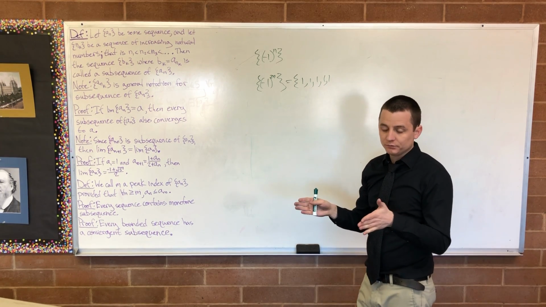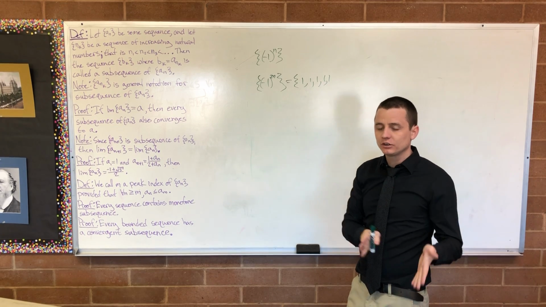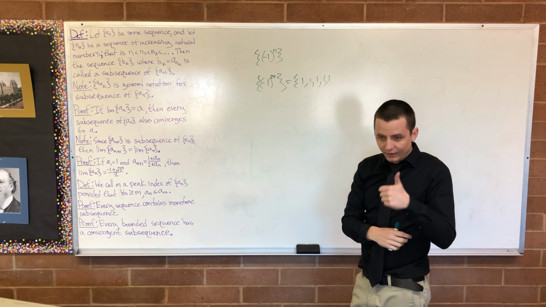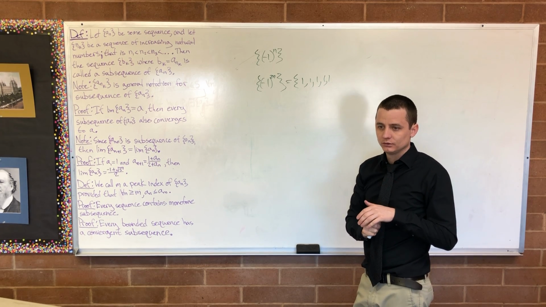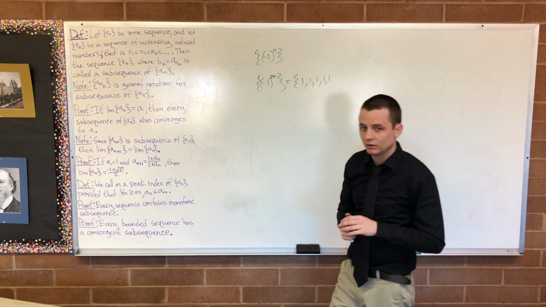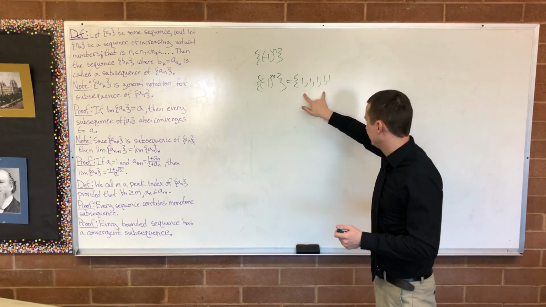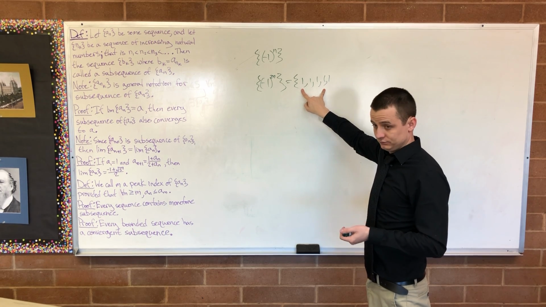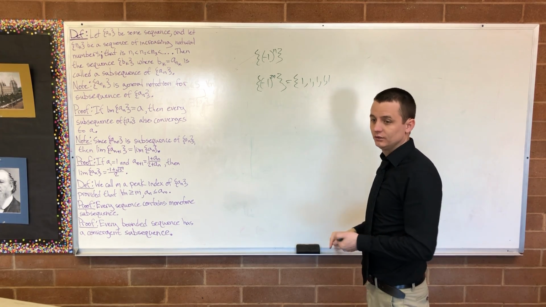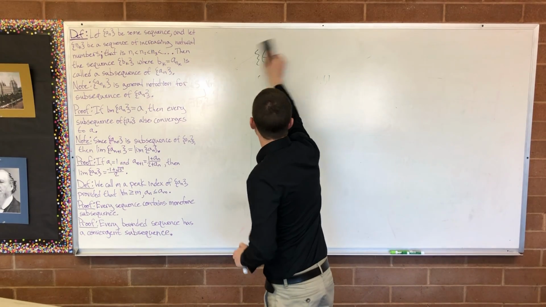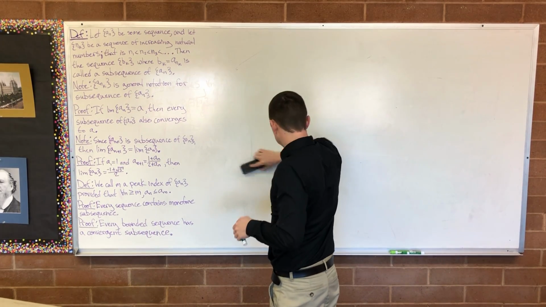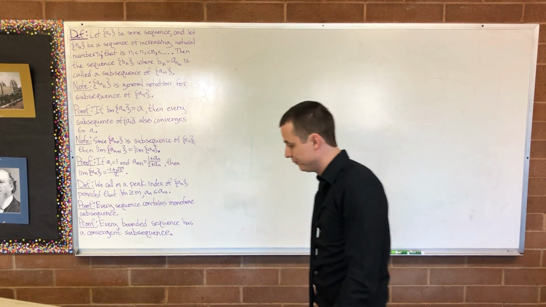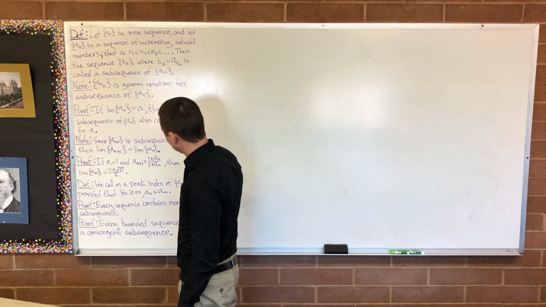If I can come up with a monotonically increasing or a monotonically decreasing subsequence, then I have a monotone subsequence. So is this one monotonically increasing? It's both. It's also monotonically decreasing. Good enough, we won't worry about it.